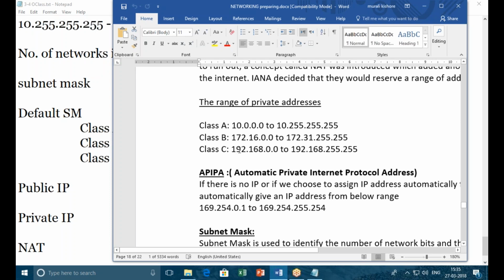In class C, it is 192.168.0 network to 192.168.255 network. These ranges are taken as private IP addresses, which can be used in LAN communication, for communication within the organization, and which cannot be used for public communication.